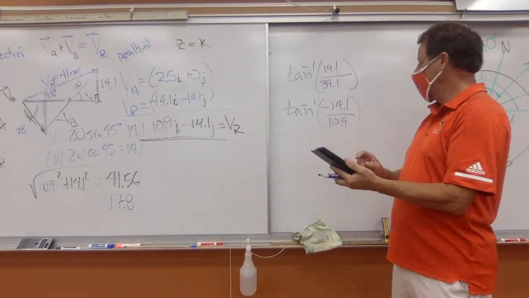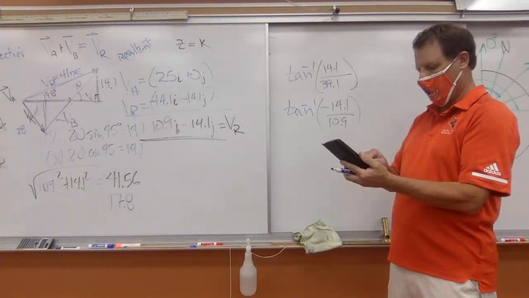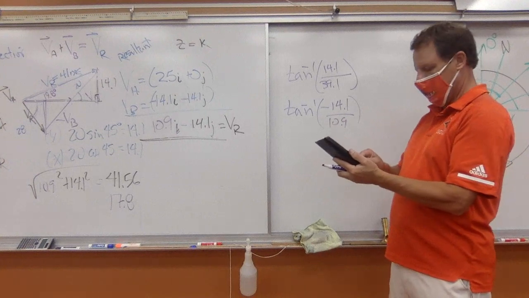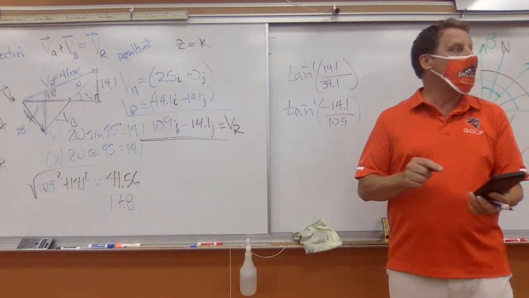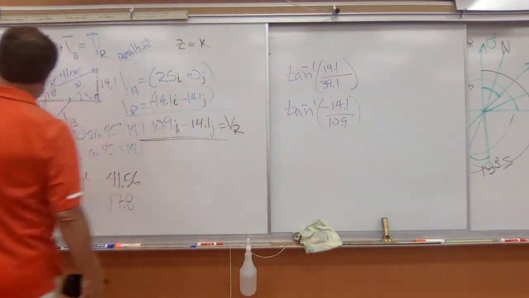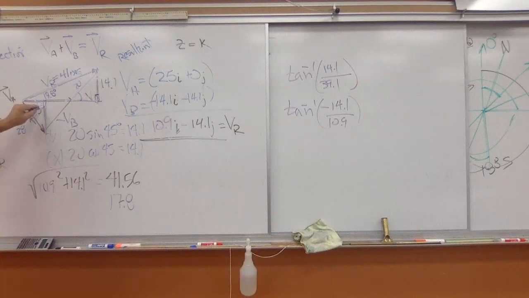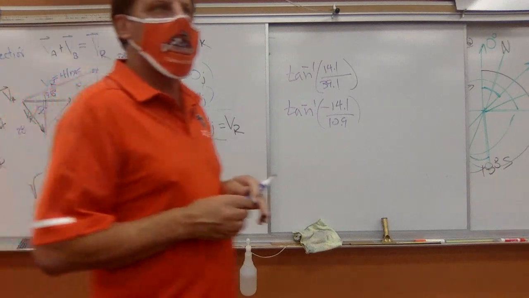Inverse tangent of negative 14.1 divided by 10.9 gives us negative 52. So this angle right there is negative 52 degrees. Does that seem about reasonable? Does that seem about 20 degrees? Does that seem about negative 52 degrees? Probably pretty reasonable. If we took a protractor there, it would probably come out.